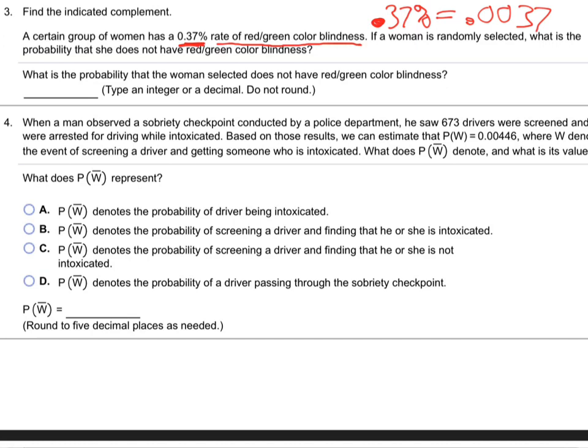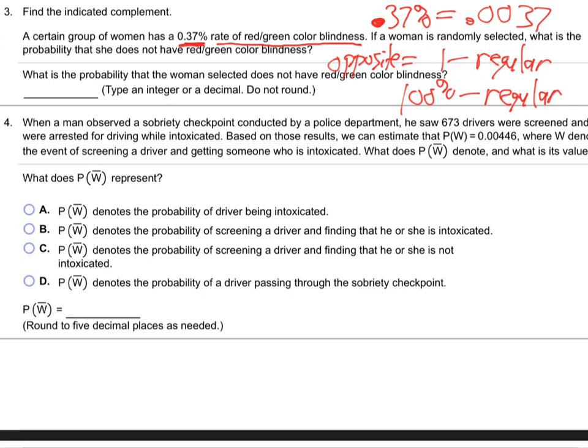What's the probability that you're going to pick a woman that does not have red-green color blindness? So basically, these questions are opposites. Do you see what we're doing there? Maybe I should write that out more clearly for you. Whenever you do the opposite, it's 1 minus the regular, or 100% minus the regular.